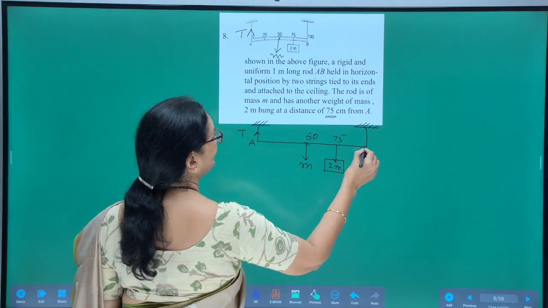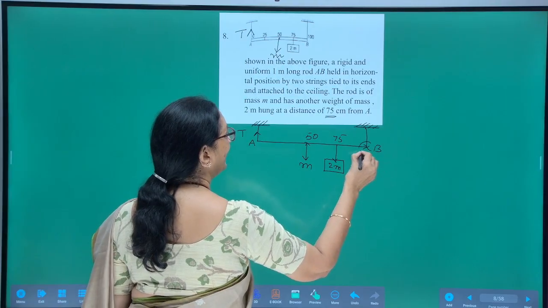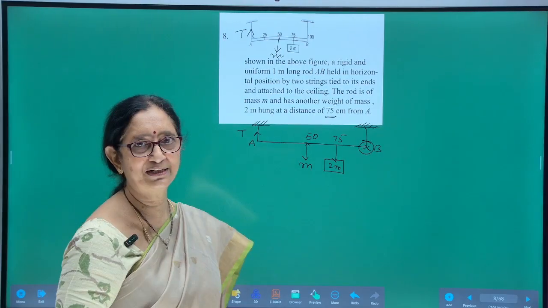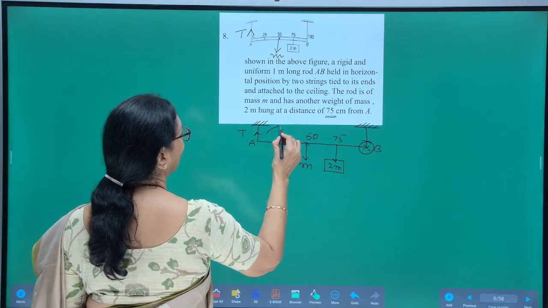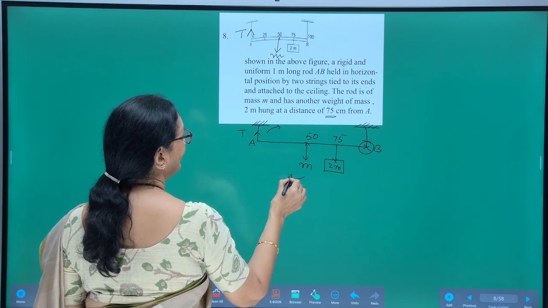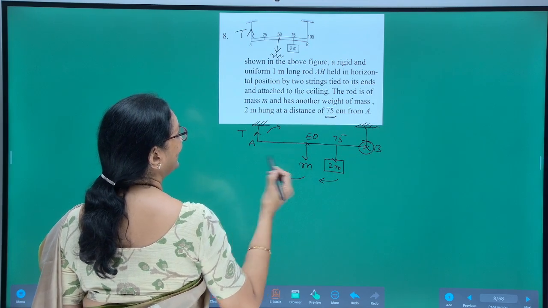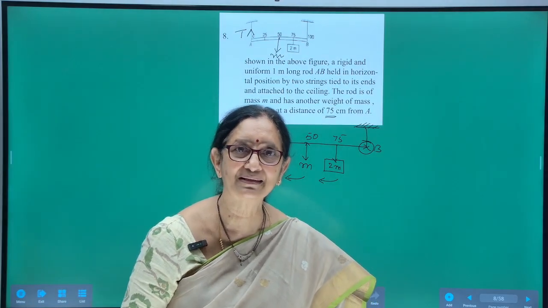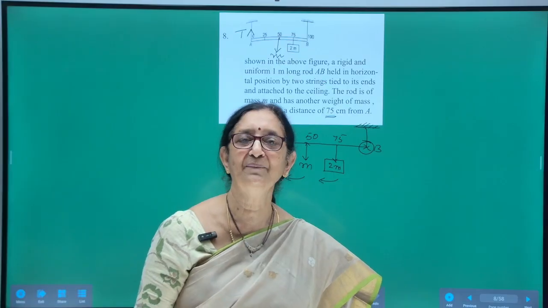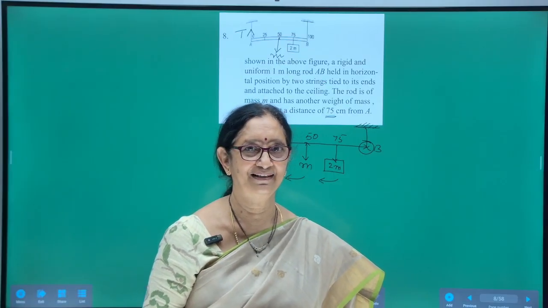So, let us take this point B as the reference point. With respect to B, this tension creates clockwise moment, and these two create anti-clockwise moment. Sum of the clockwise moments is equal to sum of the anti-clockwise moments, isn't it?